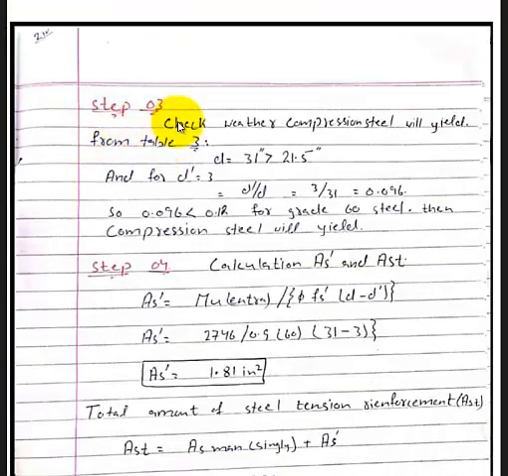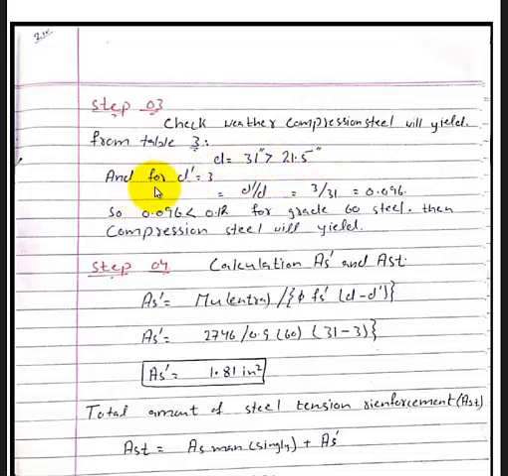Now step number 3: we will check whether the compression steel yields or not. From ACI table 3, given in the design book, our depth of 31 inches must be greater than 21.5, so it is.